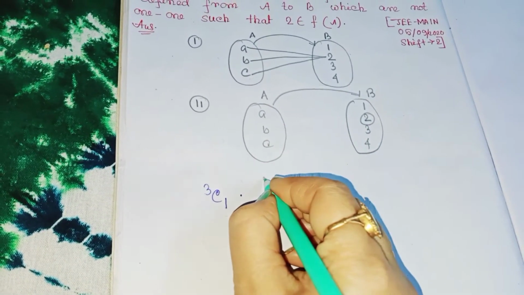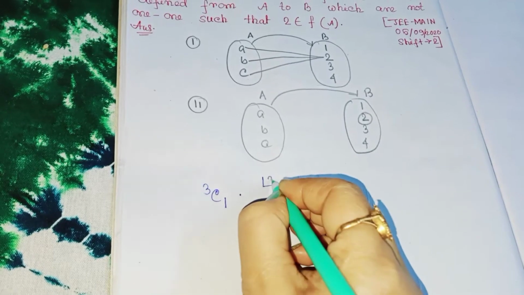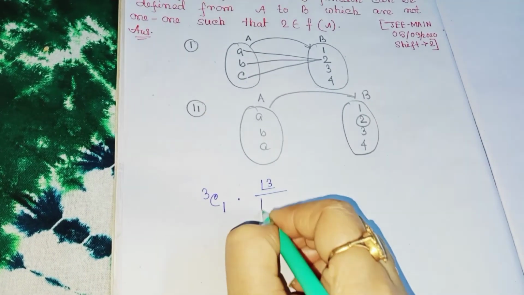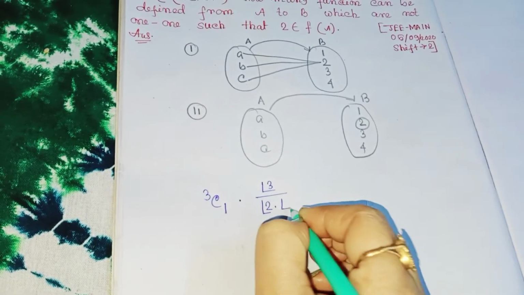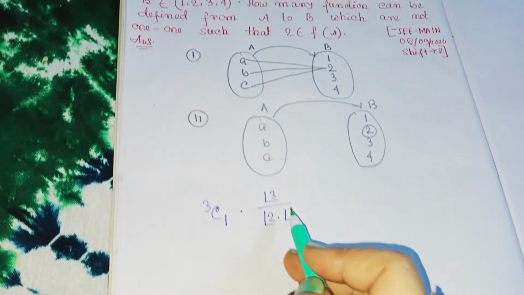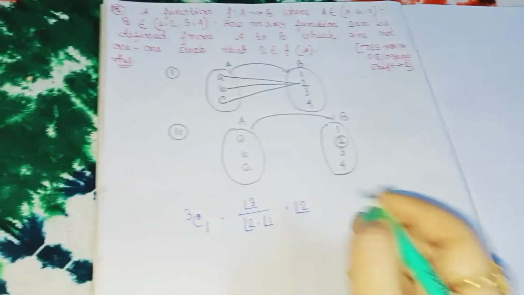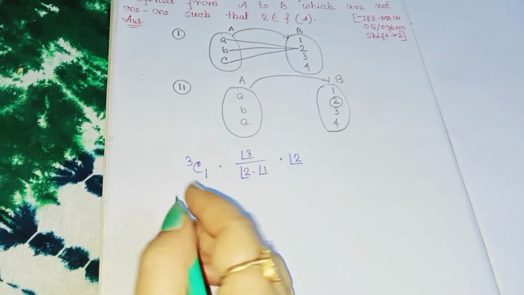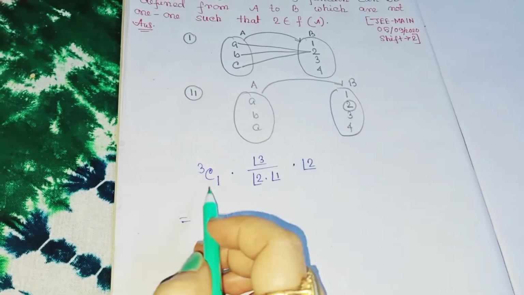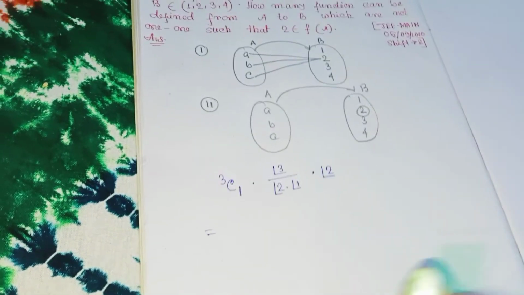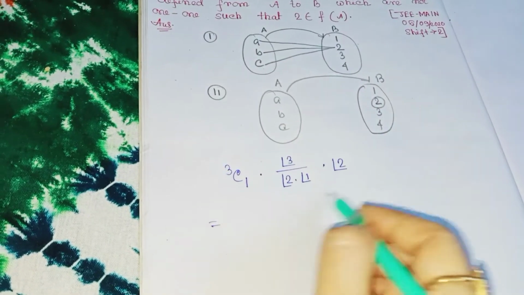So that is factorial 3 divided by factorial 2 into factorial 1. This could happen in how many ways? Factorial 2 ways. So this is the whole total.